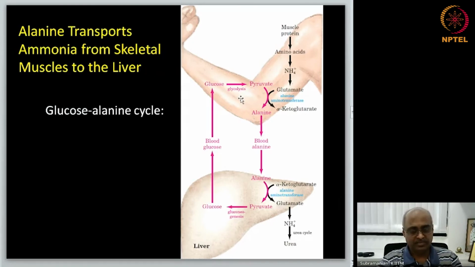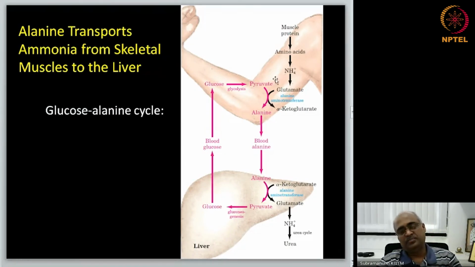And we also remember that the glyceraldehyde 3-phosphate dehydrogenase enzyme will consume NAD and reduce it to NADH. That NAD needs to be replenished for glycolysis to operate continuously, and that is done by lactate dehydrogenase in the muscle, converting pyruvate into lactate.